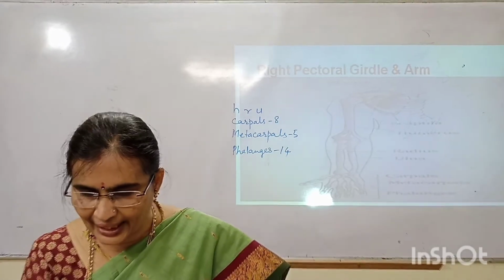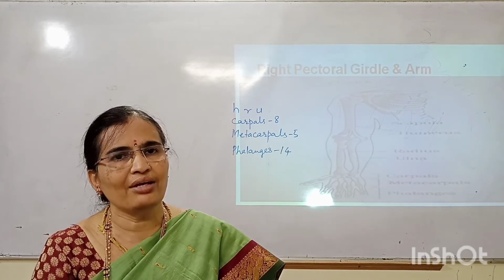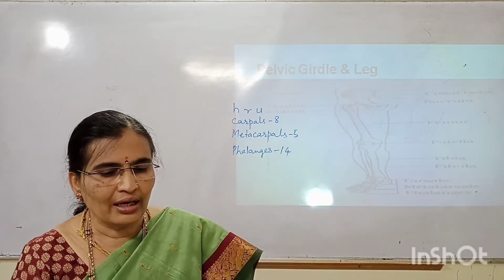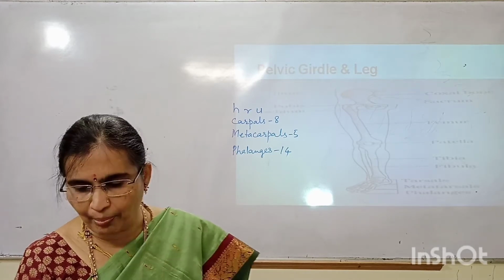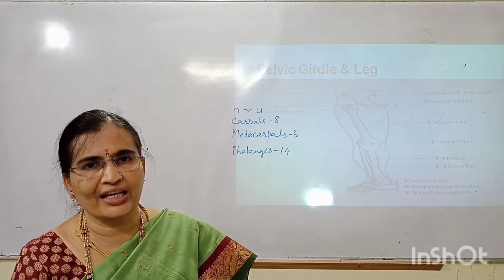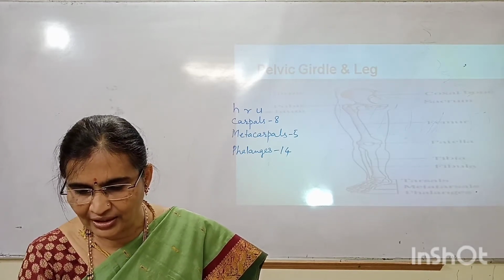Next, the bones of leg. After discussing the legs only, we shall move on to the girdles separately. So legs. Each leg is made up of 30 bones.